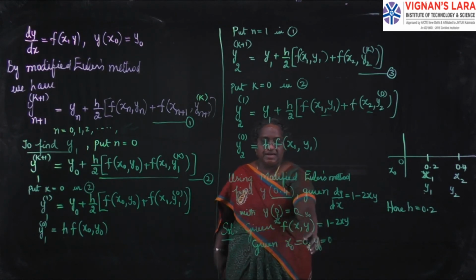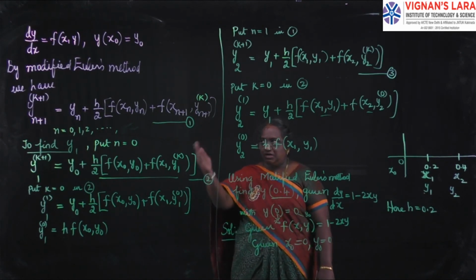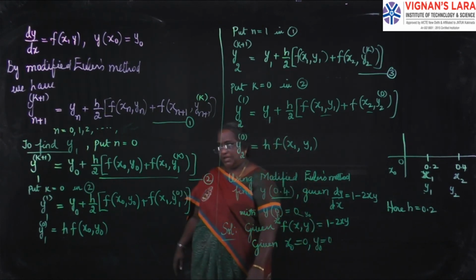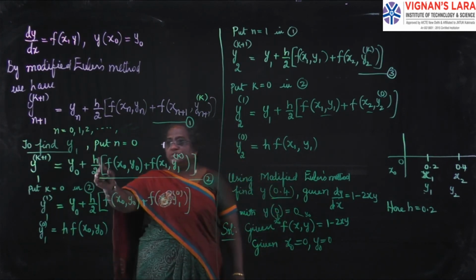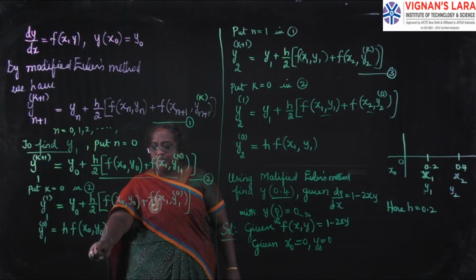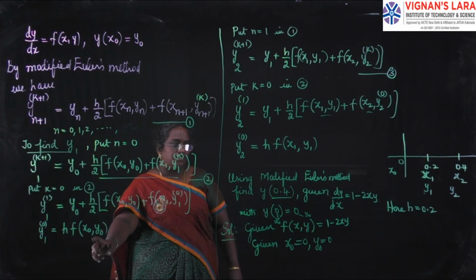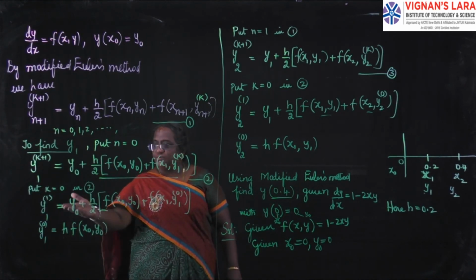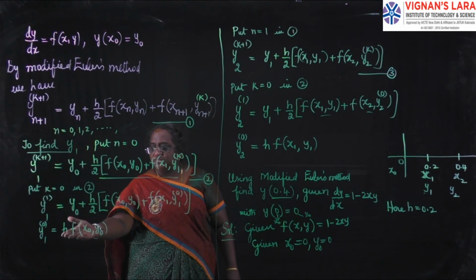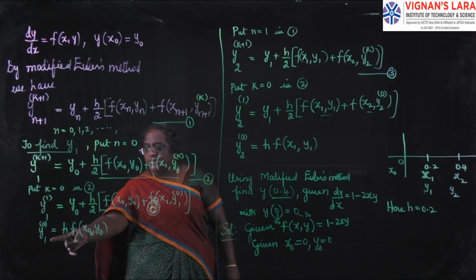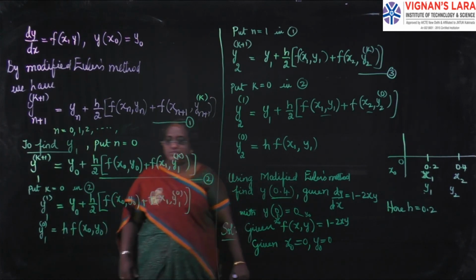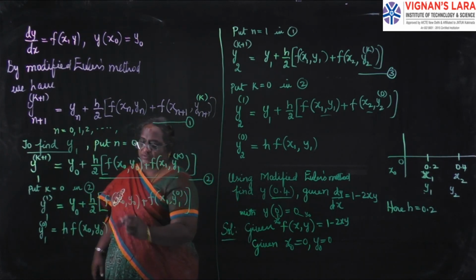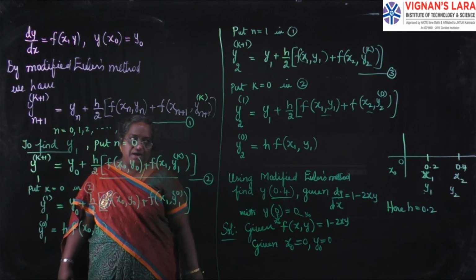So this is the data available for us. Now we shall apply the formula here. To find y1, we have to write all these formulae. Now we will substitute. Initially, we have to find the 0th approximation of y1. We need this one first. Next we will perform the iterations.